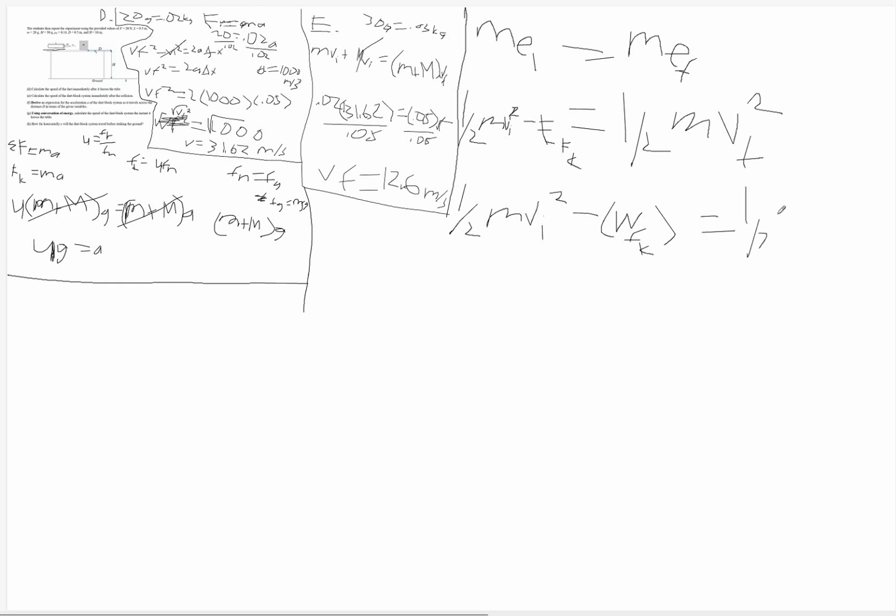This is equal to 1/2 m v final squared. The energy of friction is really just the work of friction, and then we can expand that more, which gives us the work of friction, which is just the force of friction times the displacement, which is equal to what we established earlier.